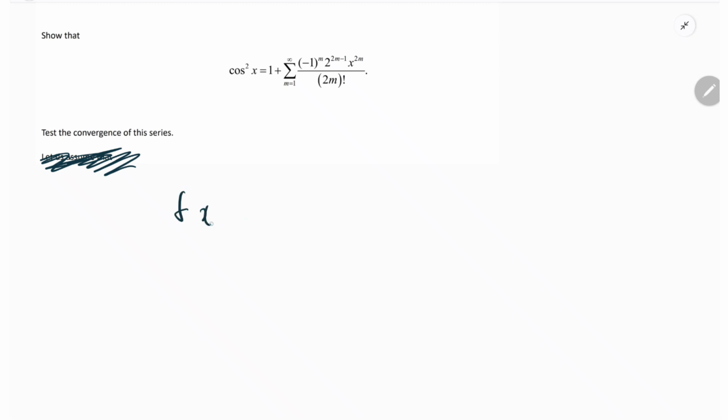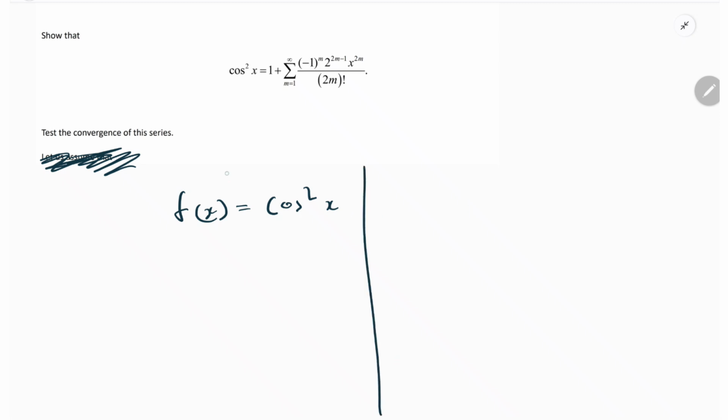F of x, I'll just skip through calculating derivatives because by now you guys have done a lot of math. You know how to differentiate, right? You know this, right?